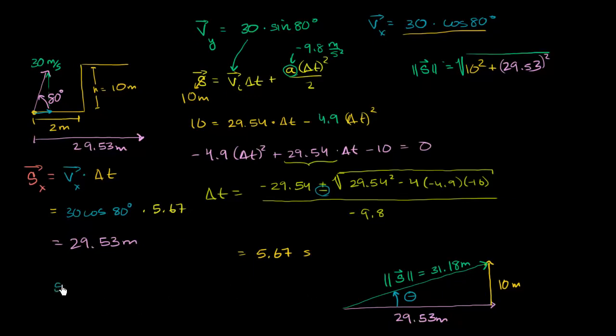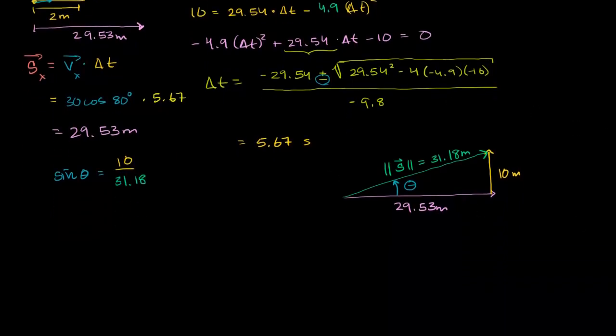So the sine of theta is equal to 10 over 31.18. To solve for theta, you take the arc sine, or inverse sine, of both sides. Theta is equal to the inverse sine of 10 over 31.18.